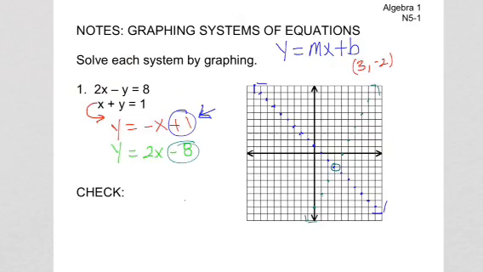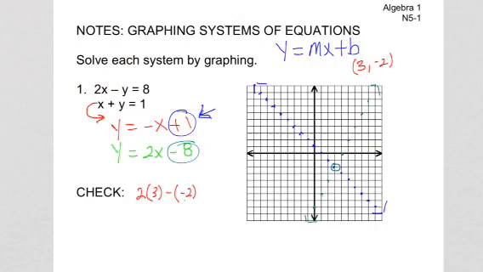Now it's not complete until we actually check it. We have to put it back into both of our equations so that we can make sure that it fits both. It must fit both in order to be a correct solution. So first of all, we have 2 times our x value, which was 3, minus our y value, which is negative 2.